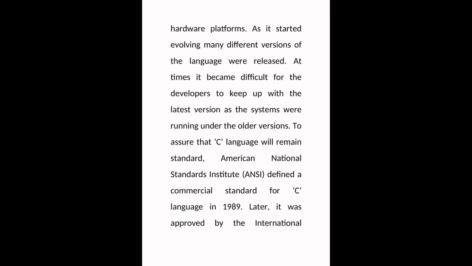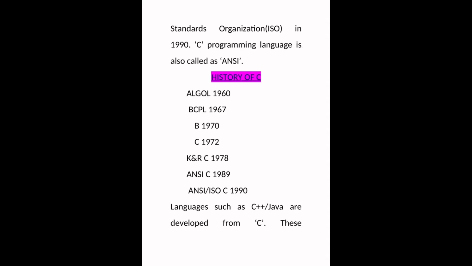This standard is used for including the latest versions of the C language in a particular manner. Later, it was approved by the International Standards Organization in 1990.